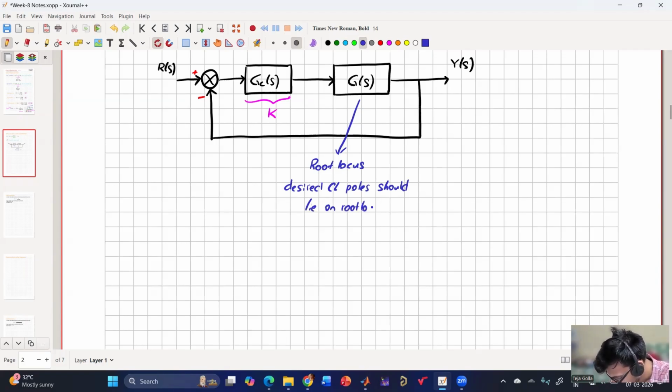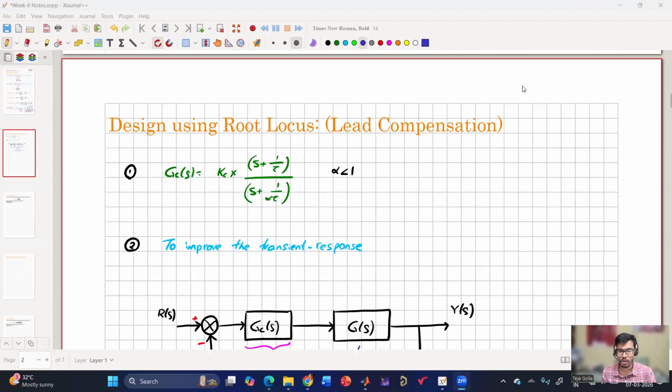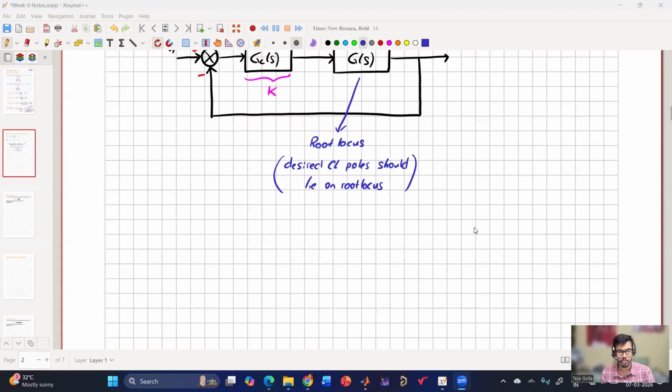If the gain itself is sufficient, then the desired closed loop poles will be lying on the root locus. Whereas if they do not lie on it, then we have to check whether we will need lead compensation or lag compensation. As I have told, if the question is about improving the transient response, then we'll be using the lead compensation.